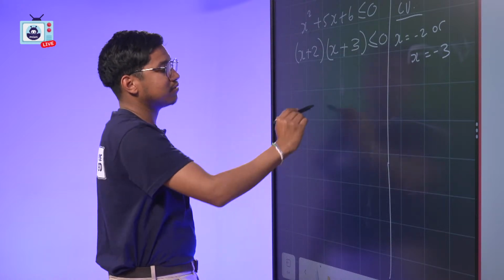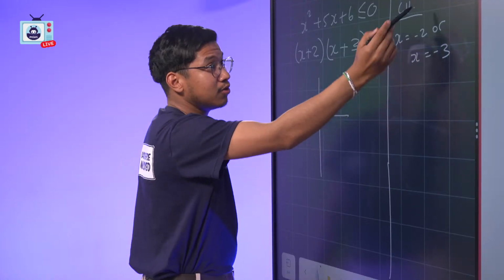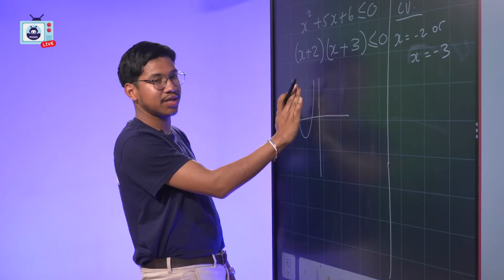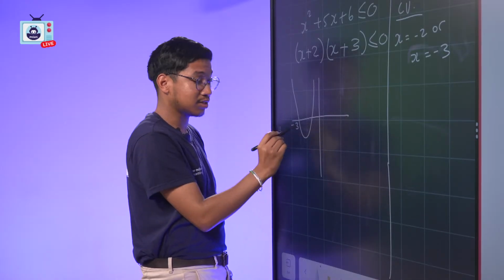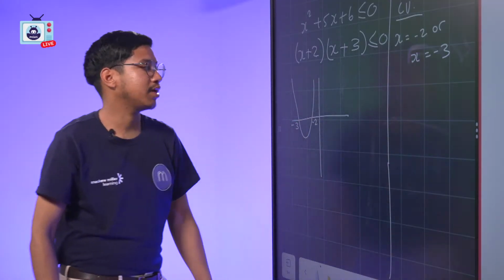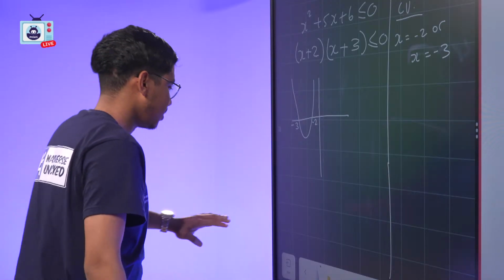A is positive, so I draw my parabola. Both values are negative, so my parabola will look something like that. So I have -3, the smaller number first, and then -2.